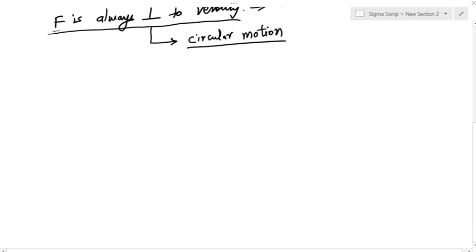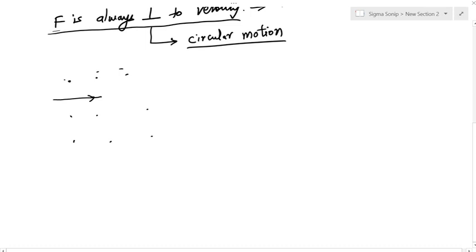So let's continue our discussion. Suppose this is my charged particle, maybe a proton or electron or any other charge, and there's a magnetic field around here, maybe out of the board or something like that.